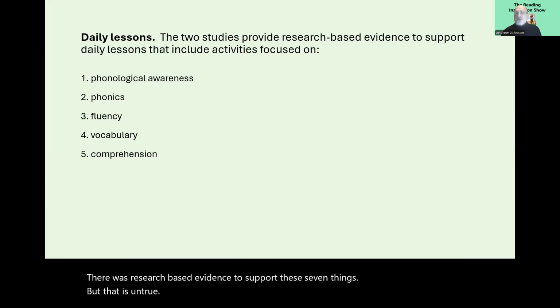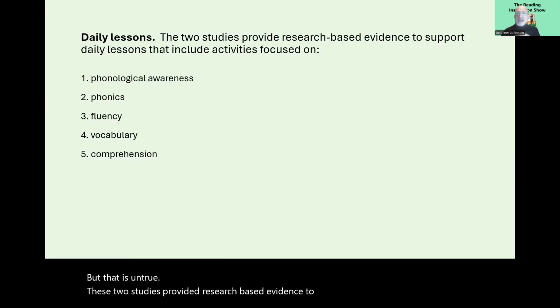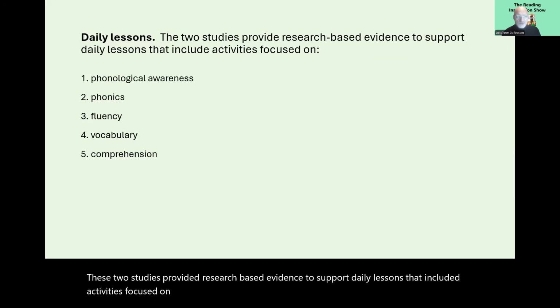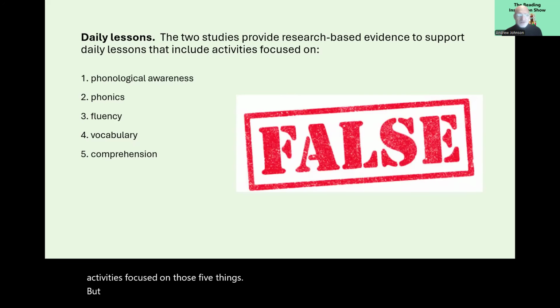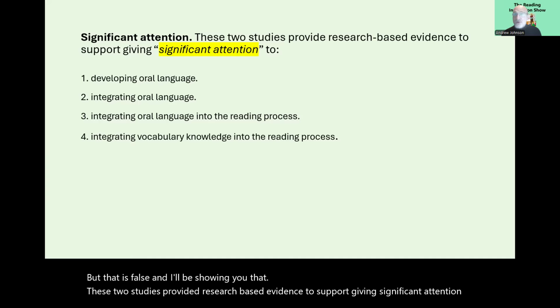These two studies provided research-based evidence to support daily lessons that included activities focused on those 5 things. But that is false, and I'll be showing you that. These two studies provided research-based evidence to support giving significant attention to those 4 things.